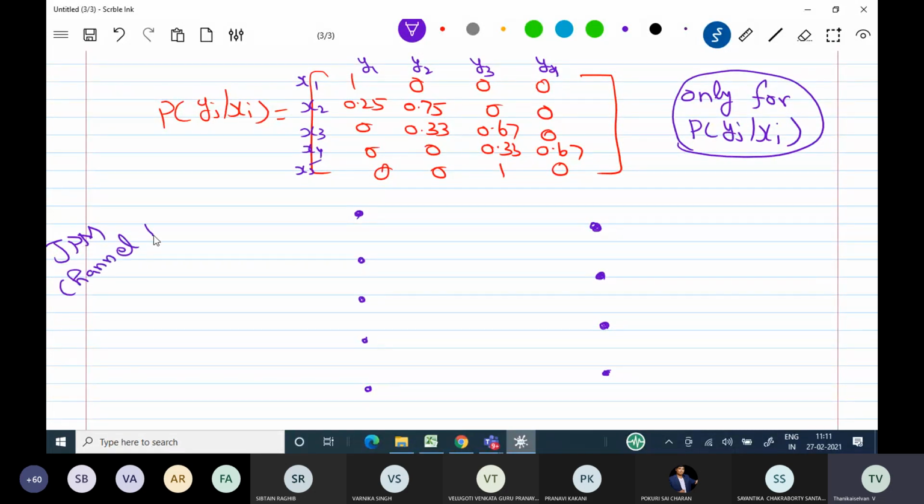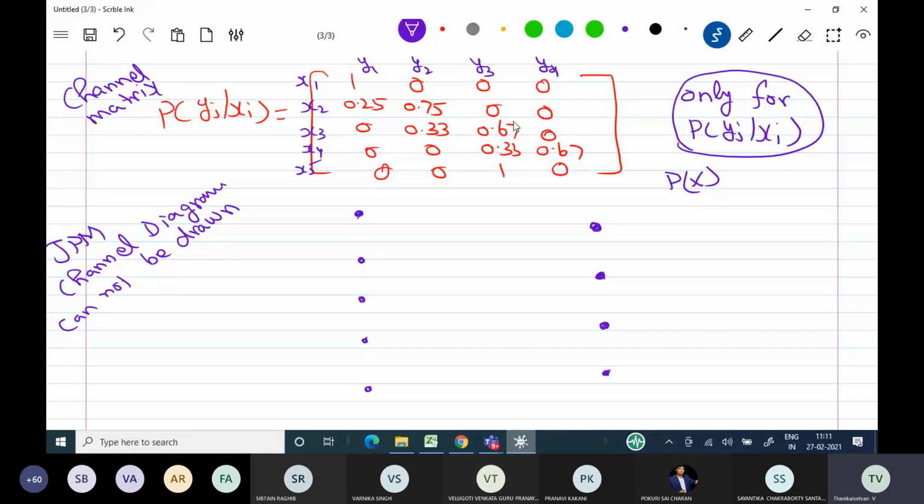Note down this: channel diagram cannot be drawn using JPM. The channel diagram is drawn only by using the conditional probability matrix. This matrix is called the channel matrix. So this matrix is given along with the probability of xi, and you should be able to find out all the entropies. This was the first problem.